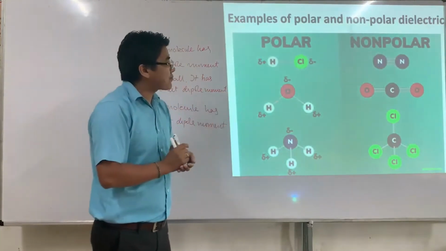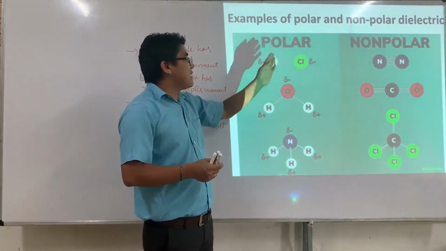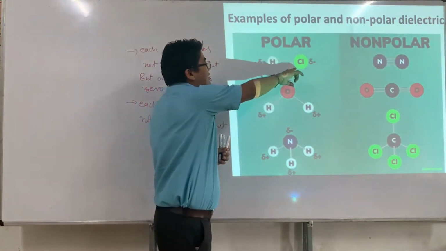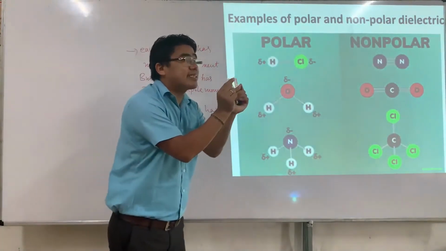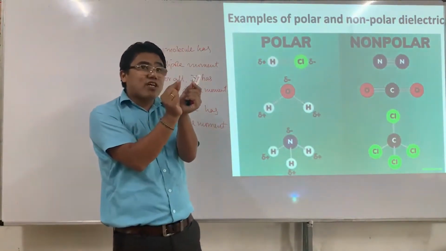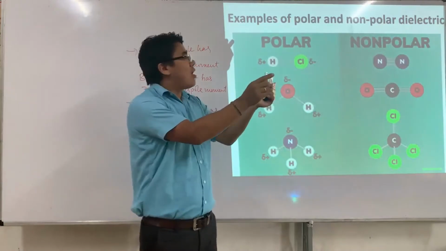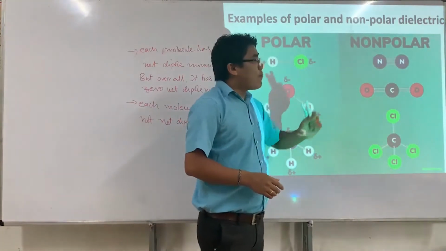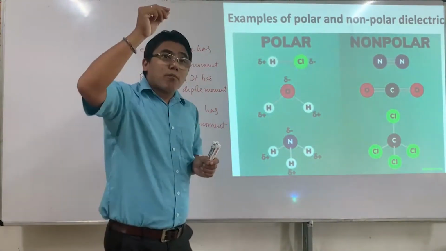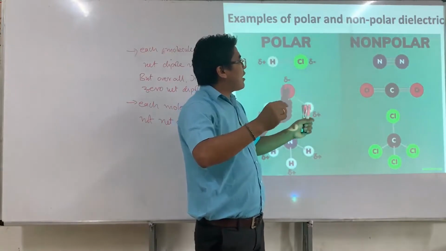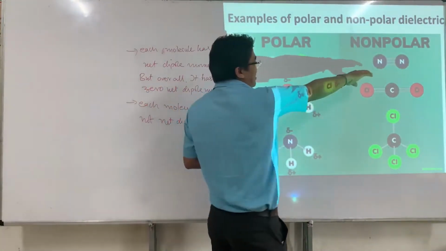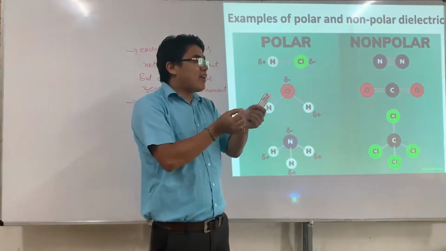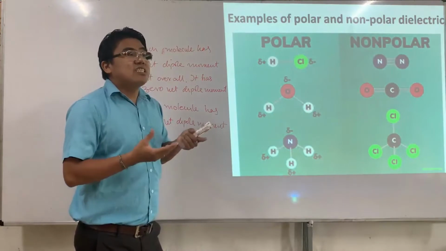So the center of the positive charge does not coincide with the center of the negative charge, and this separation leads to a dipole moment. However, in the case of non-polar dielectrics, the center of the positive charge exactly coincides with the center of the negative charge, leaving zero distance between the partial positive and negative. Therefore, it has zero dipole moment.